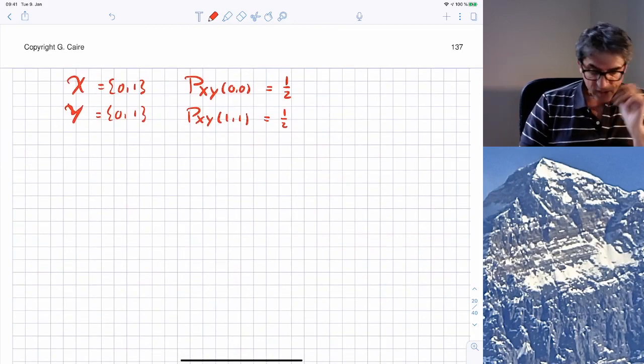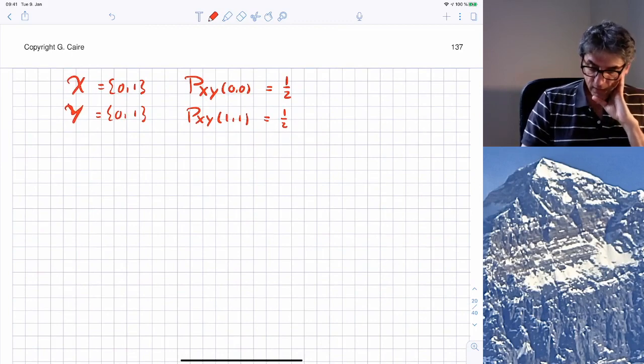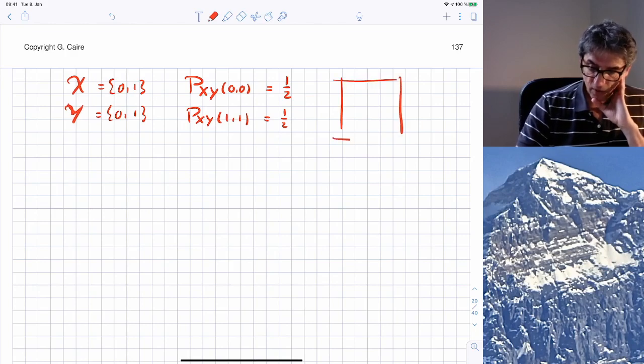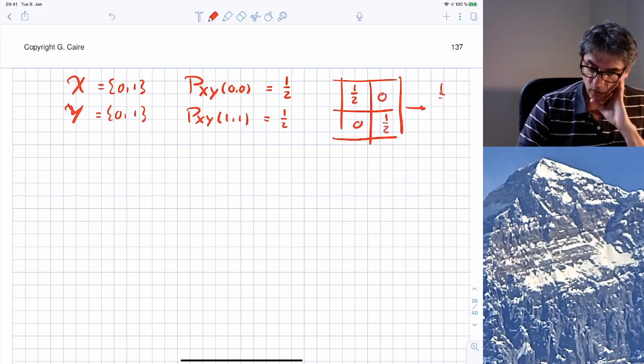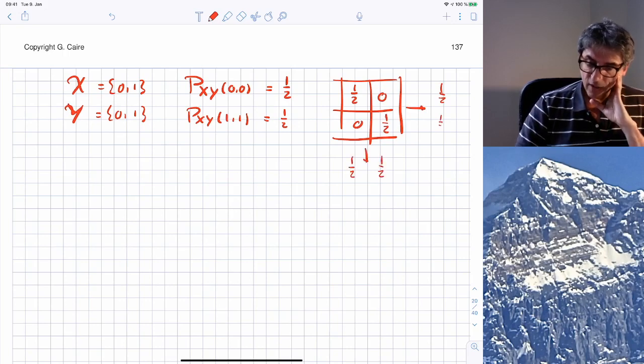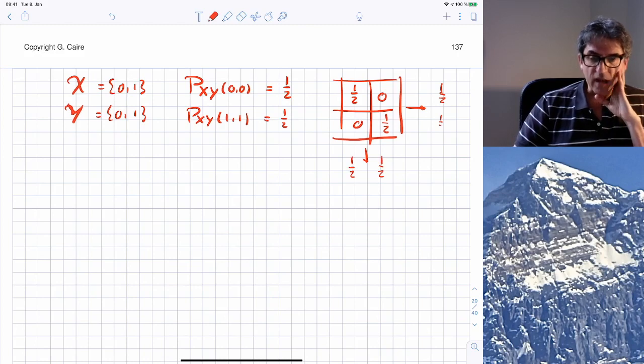So what do we expect to see for individually typical sequences? Well, if I marginalize, in this table I have 0,0 here and 1,1 here. When I compute the marginal in one direction, I get 1/2, 1/2. When I compute the marginal in the other direction, I also have 1/2, 1/2. So individually typical sequences are sequences that have roughly the same proportion of zeros and ones.